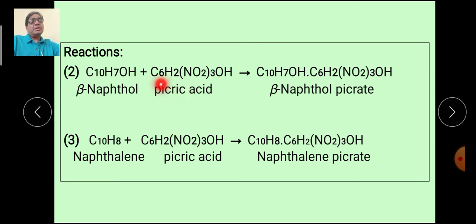To the benzene ring there are 3 nitro groups, and this is OH, that is a phenol, 2,4,6-trinitrophenol. This is a picric acid, and the picrate is formed. This is the beta naphthol picrate, where in case of naphthalene, this is the molecular formula of naphthalene, C10H8, and mixing with picric acid, the picrate of naphthalene is formed.